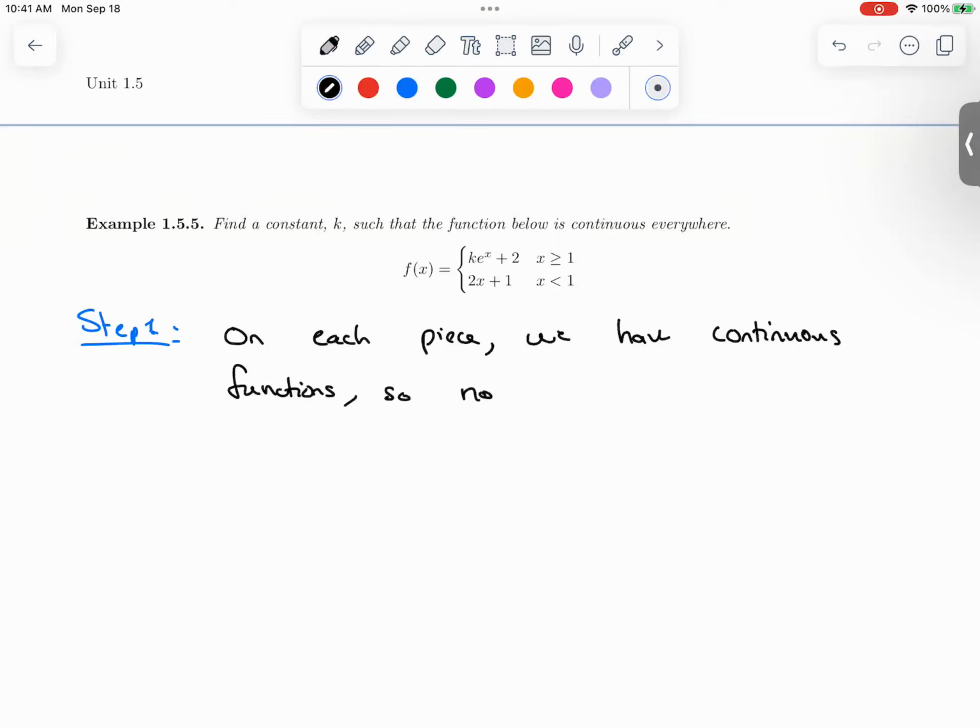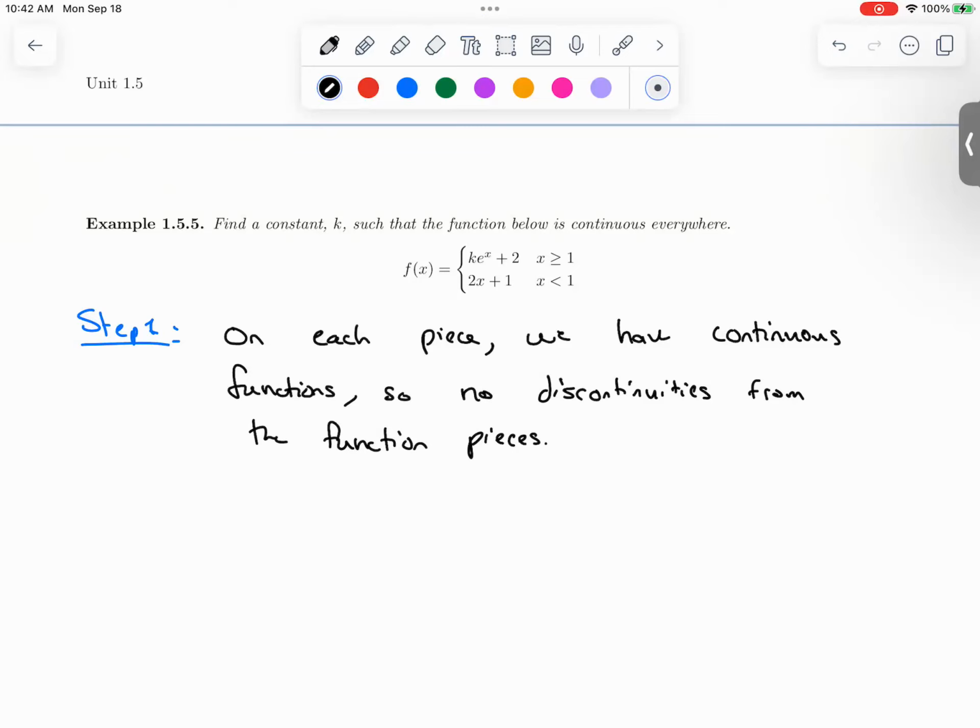So no discontinuities from the pieces themselves, but from the function pieces. Now let me elaborate once you've written that down.